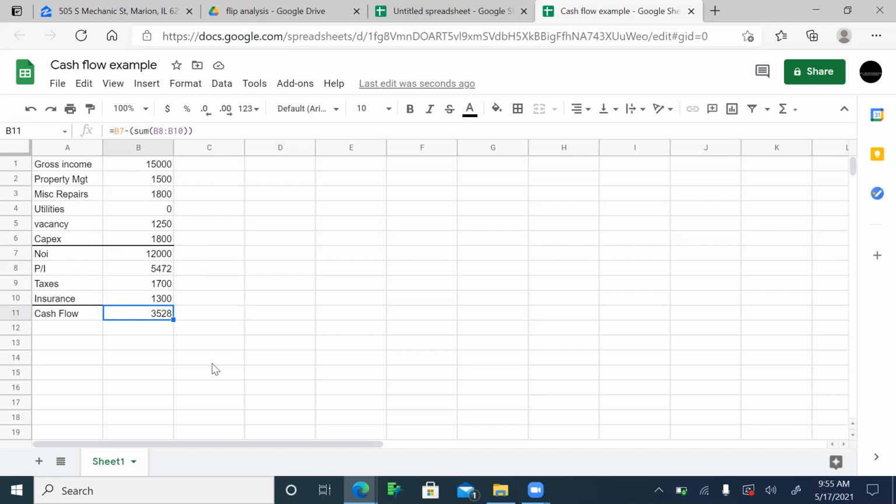But the reality is this is probably only going to make you about $8,000 to $8,500 a year. So that being said, this property is definitely not something I would look into for an annual cash flow.